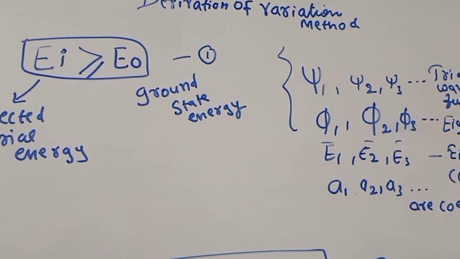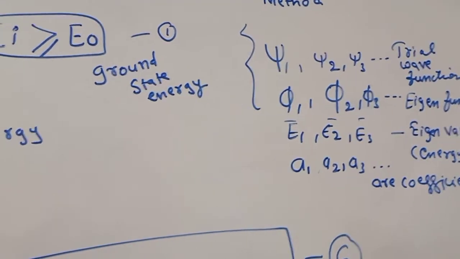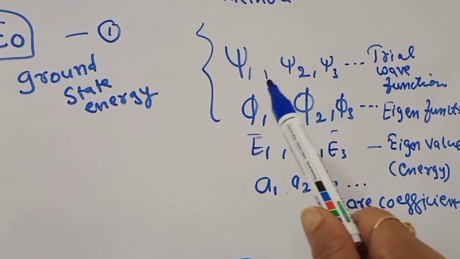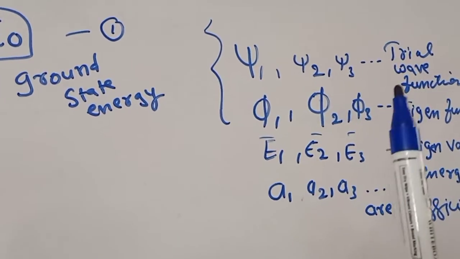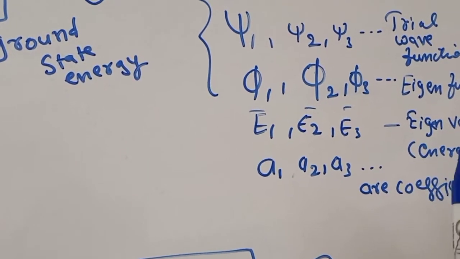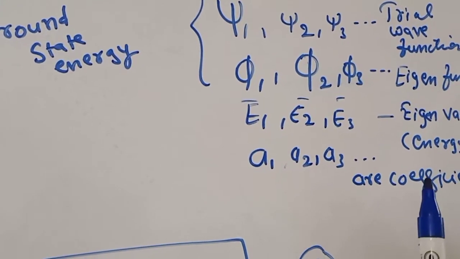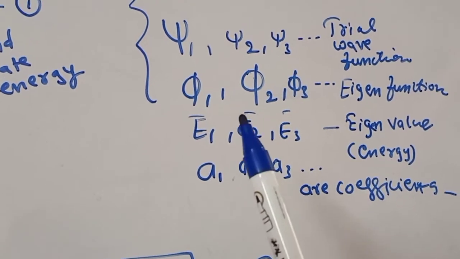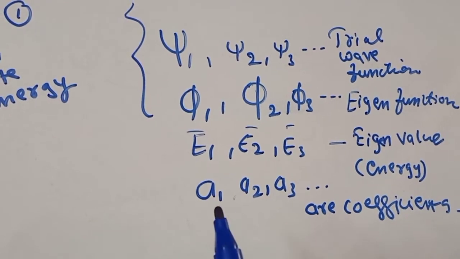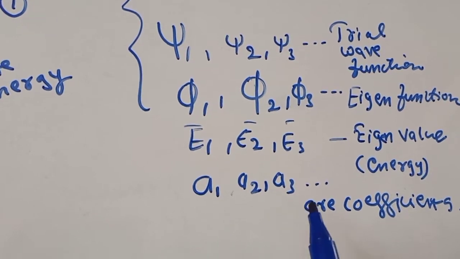We can say that if the wave function psi is not an eigenfunction, because we are taking them as trial wave functions, it can be expressed as a linear combination of the set of orthogonal and normalized eigenfunctions, that is phi1, phi2, phi3 and so on, and a1, a2, a3 are the coefficients.